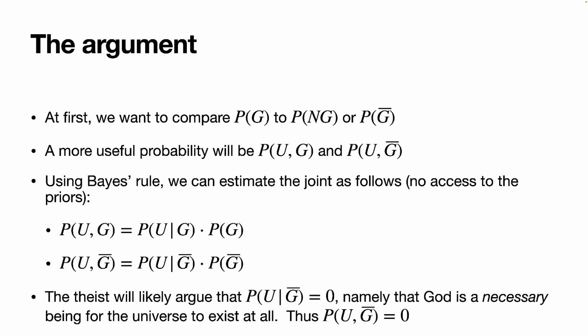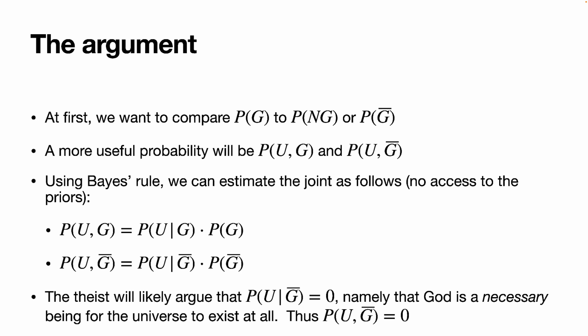So if that statement is true, that there needs to be God or some entity like God that creates or sustains or just upholds the laws of nature and all of these things, then P of U given not G is going to be 0. There's no way you can observe a universe where God doesn't exist or where God doesn't create anything at all. And as a result, what falls out of this is P of U and not G is equal to 0. That's pretty much what the argument is.